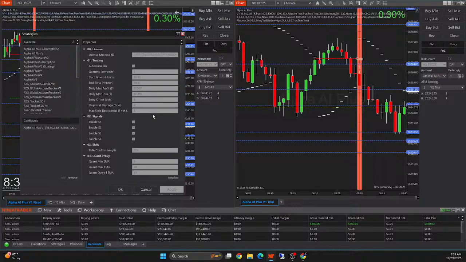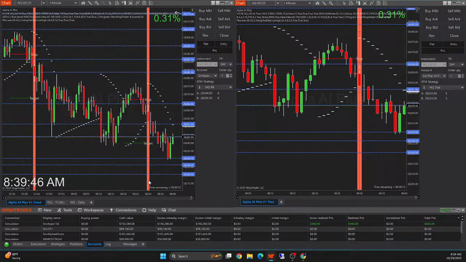But for now, if you trade 10 contracts here, it will make 1 stop and 1 profit for all 10. It's not going to make 5 and 5. Just to let you know.